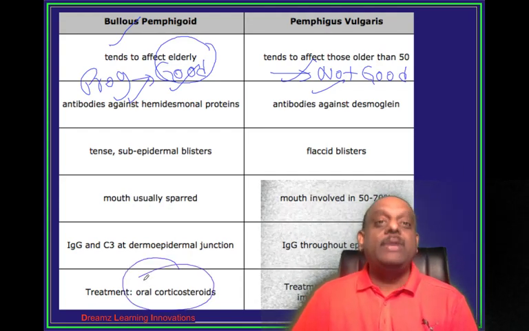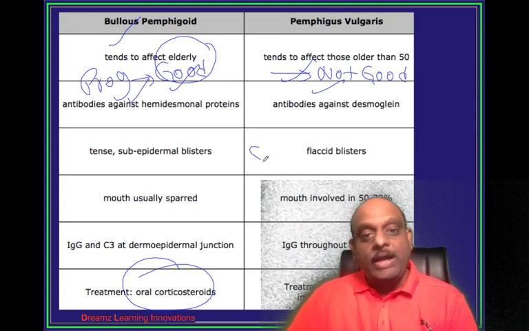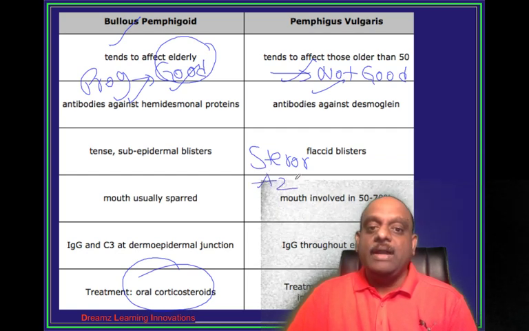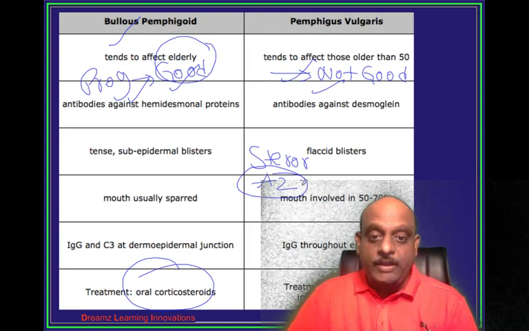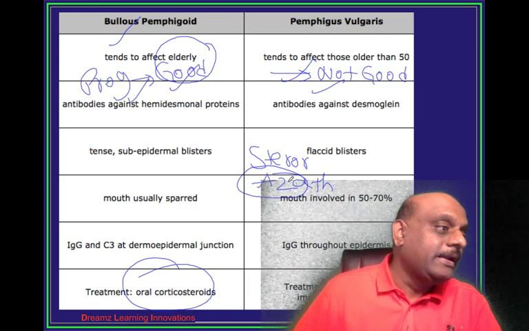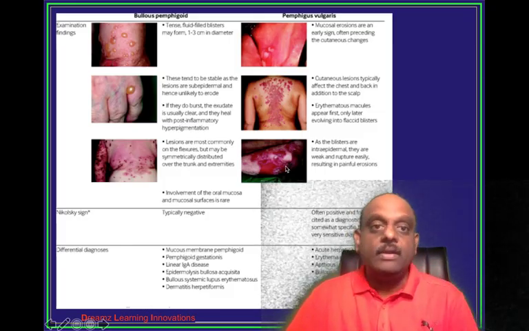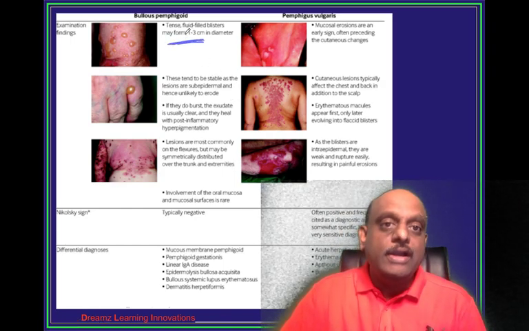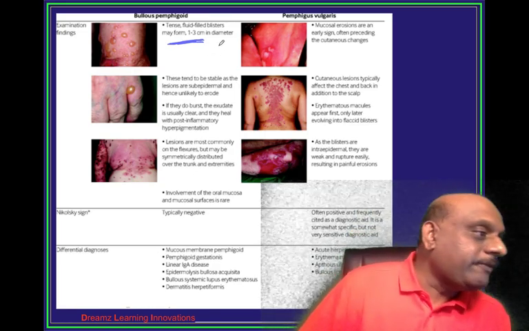So treatment of bullous pemphigoid is oral steroids, and in Pemphigus vulgaris you may have to give steroids, but also other things like azathioprine and cyclophosphamide and other forms of immunosuppression is what you need to remember. Now, once more, this is also an important thing that you need to know. Tense fluid filled blisters is an important feature.